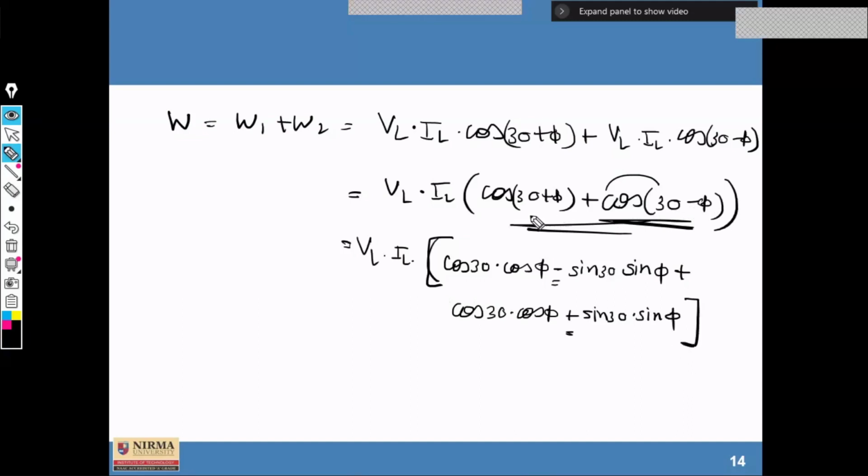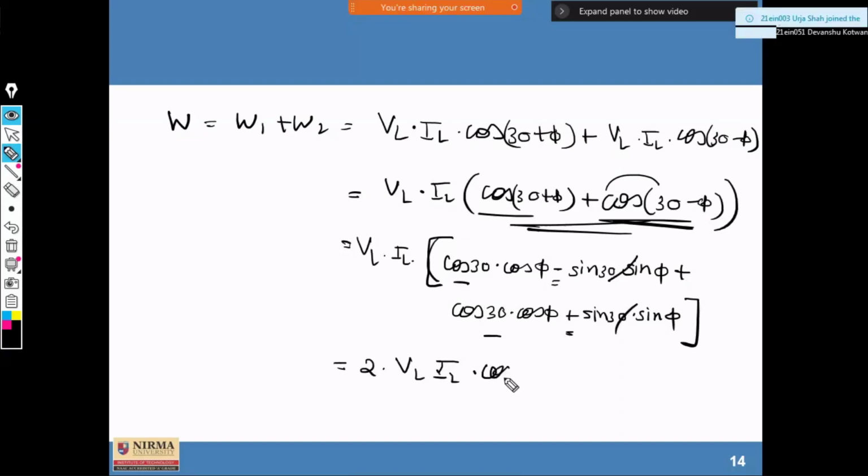Okay. So we can solve this with cos A plus B and cos A minus B, and we can write accordingly, right? Here two terms are going to be subtracted from each other, that is the sine terms. And we can write 2 times VL into IL into cos 30 into cos 5. Agreed?